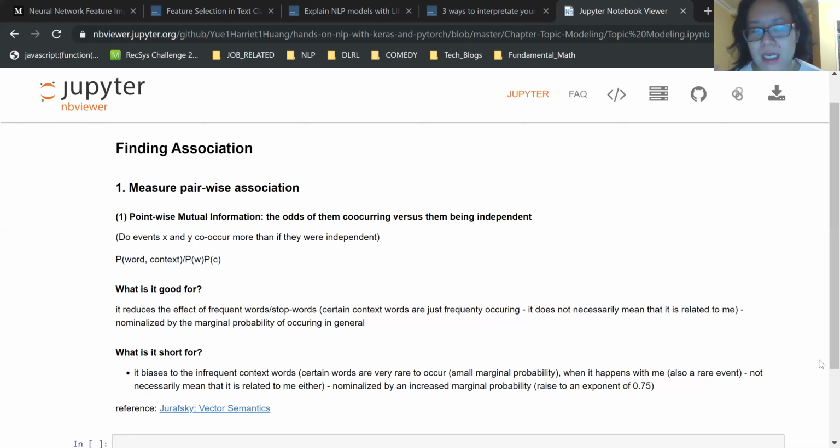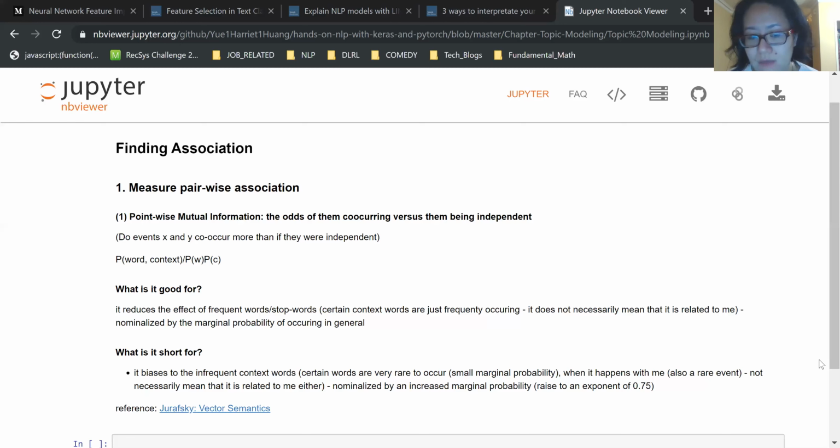So PMI is good for reducing the effect of stop words, but it also has its disadvantage, because for anything you cannot have it both ways.